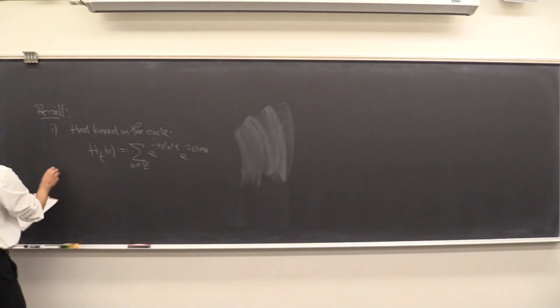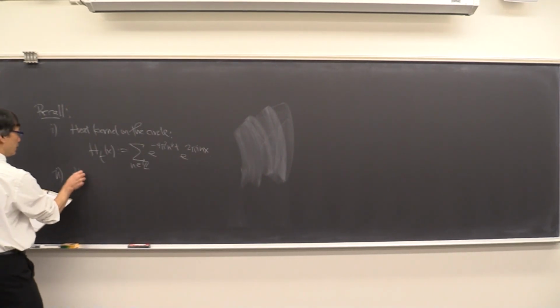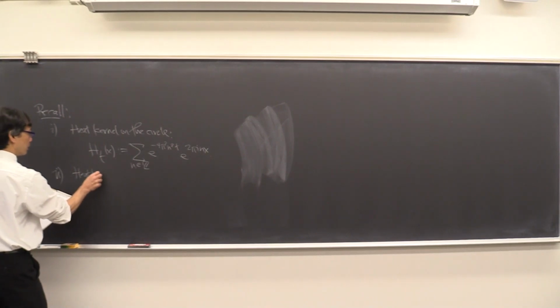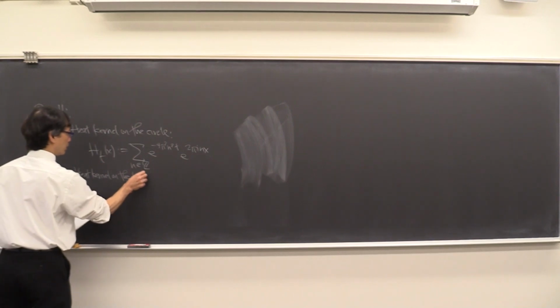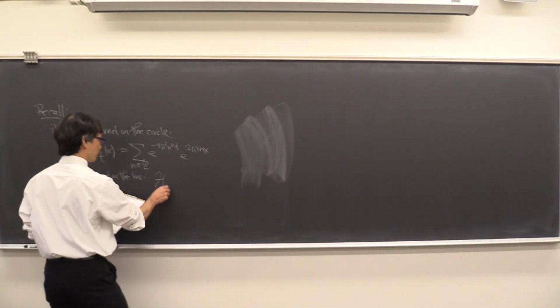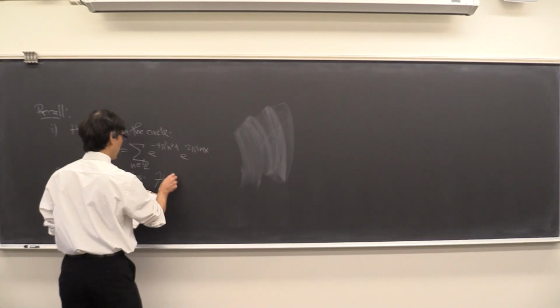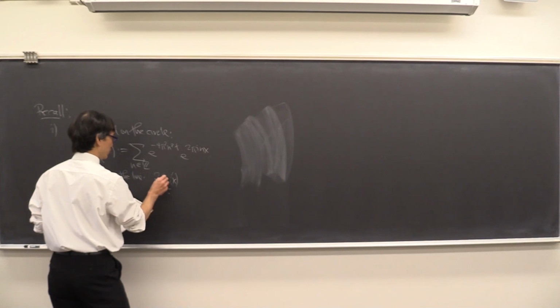Then we also had the heat kernel on the line, which was the squiggly h, maybe I should use the cursive h. It's the same thing.